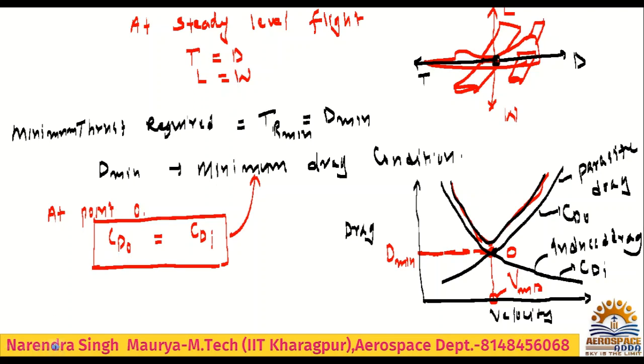You know very well the drag polar. What is drag polar? CD is equal to CD naught plus CDI, the parasite drag plus induced drag coefficient. That one equation, if you draw it, is called the drag polar, and here it is CD naught plus induced drag, which is K CL square.